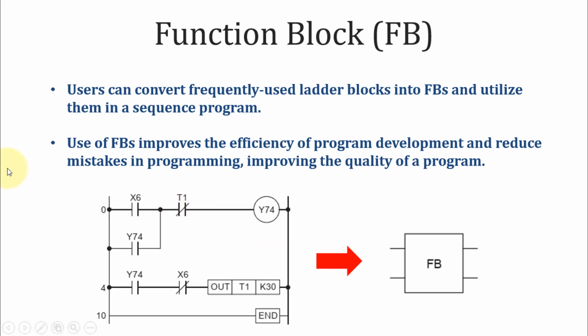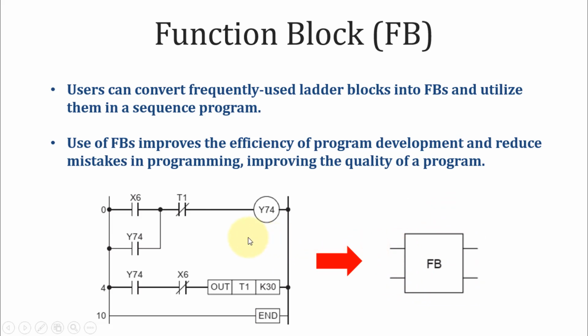Basically, functional block, also called FB, is the most widely used programming language after the ladder program. In that, we first find out the frequently used ladder program block, and we convert that frequently used ladder program block into the functional block. Now we can utilize this function block in our sequence program.